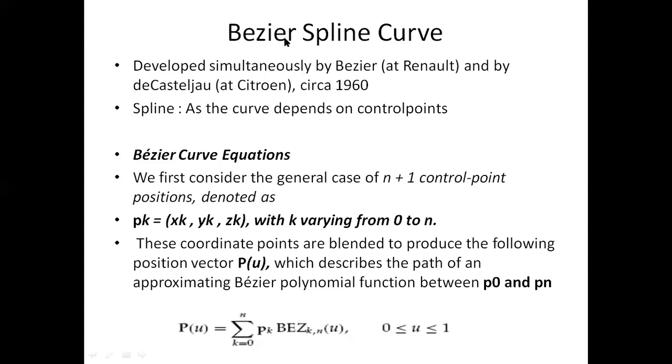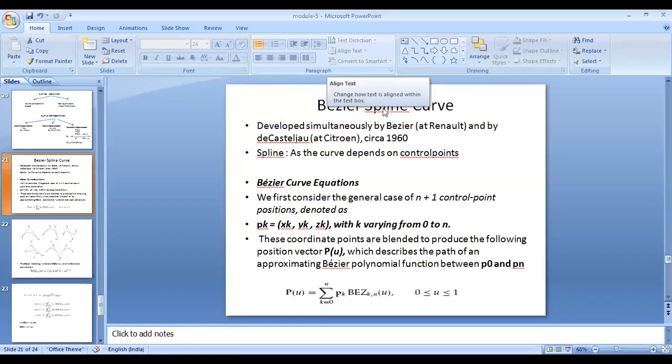It was not simply called a Bezier curve. It was called Bezier spline curves. So where did this word spline come from? That was our next question.